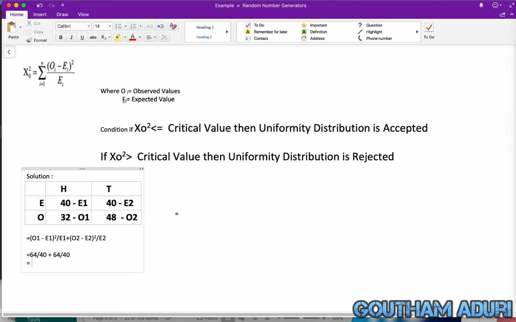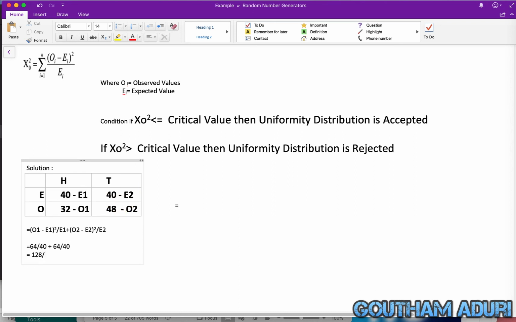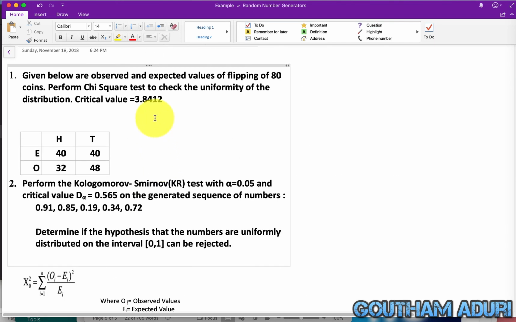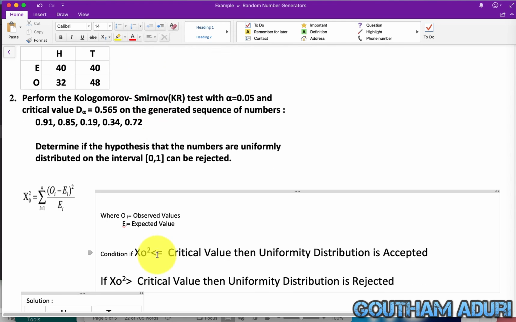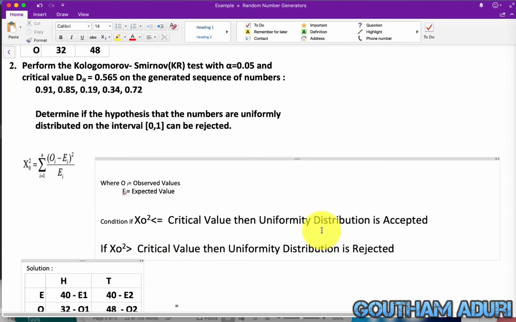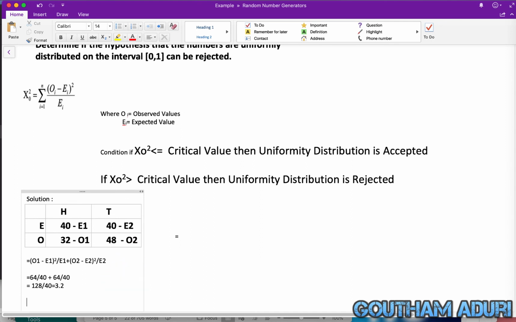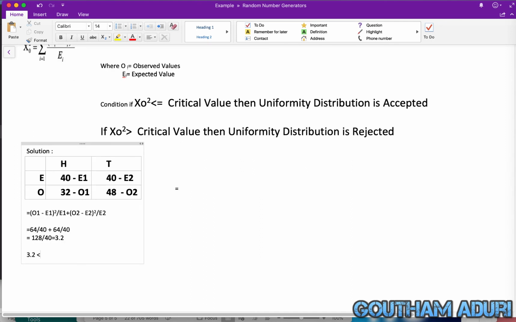So nothing but 128 divided by 40, which is 3.2. The critical value given is 3.84, and chi-square is less than the critical value. So 3.2 is less than 3.8412, so the uniformity distribution is accepted.